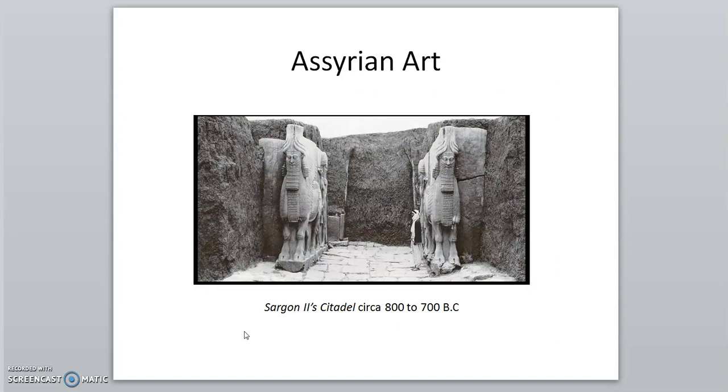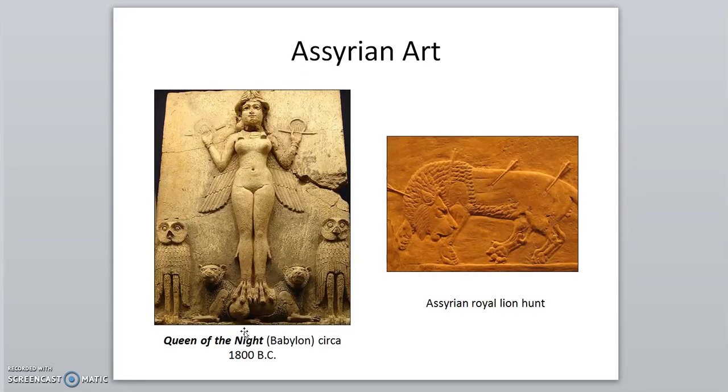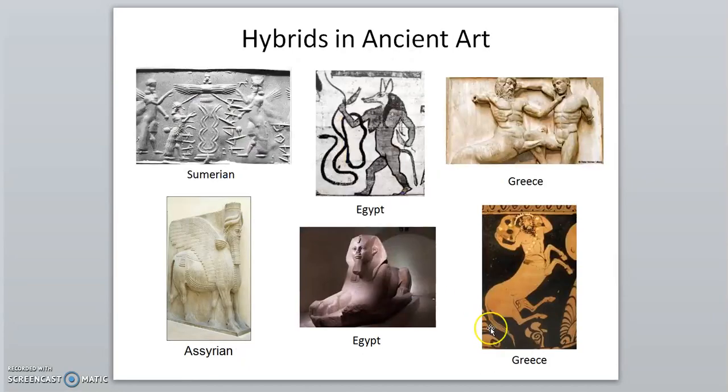Another seemingly common thread between ancient Sumerian, Near Eastern, Egyptian, and early Greek art is the use of hybrids, combination subject matter that is part human, also with animal characteristics. You see this quite a bit in the Egyptian deities, the centaurs of Greece, obviously the Sphinx, the body of a lion and the head of a man.